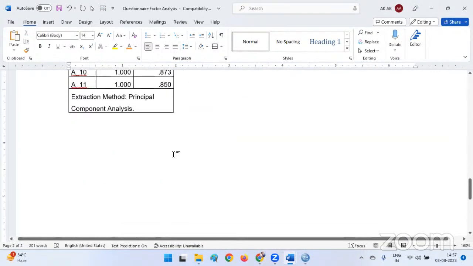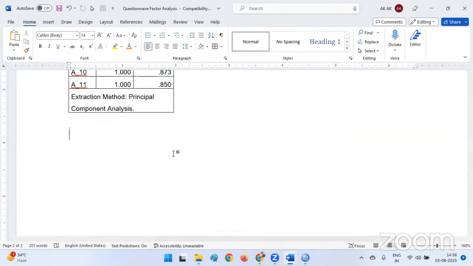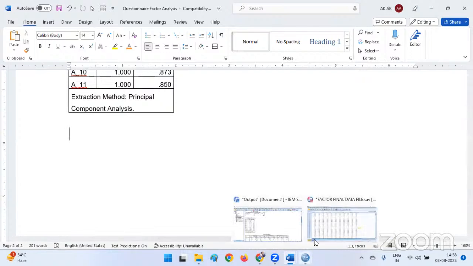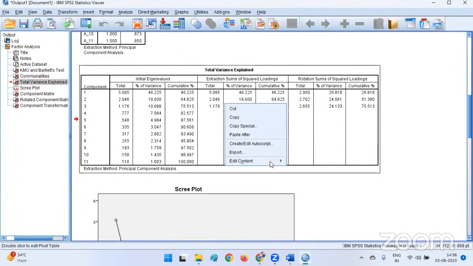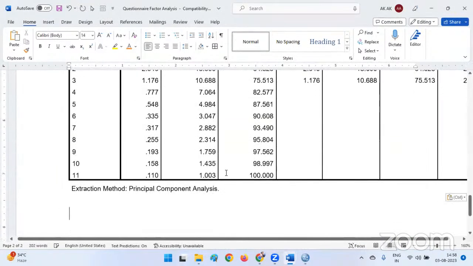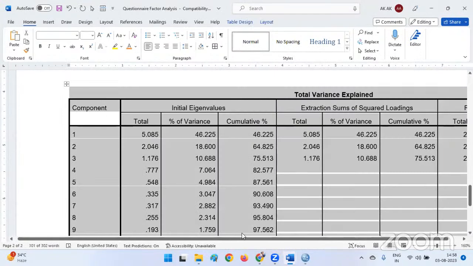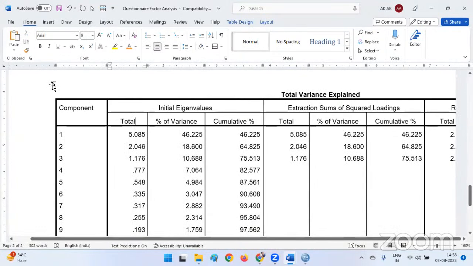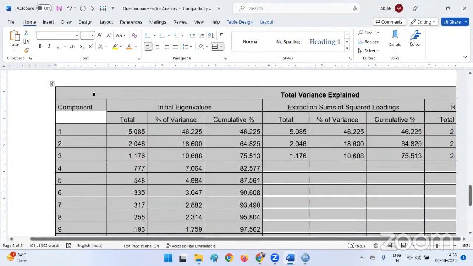Okay. Next we go to the next table, which is total variance explained. Okay. Now this table will show us how many factors have been extracted by the factor analysis.